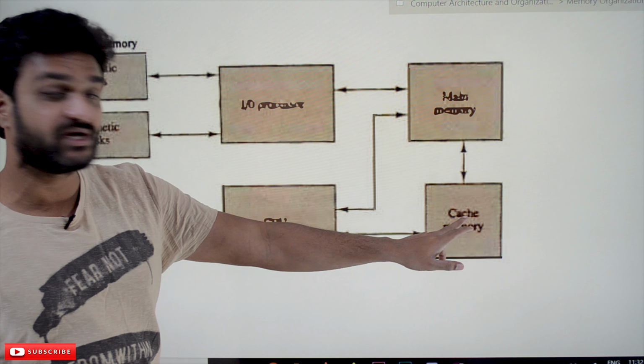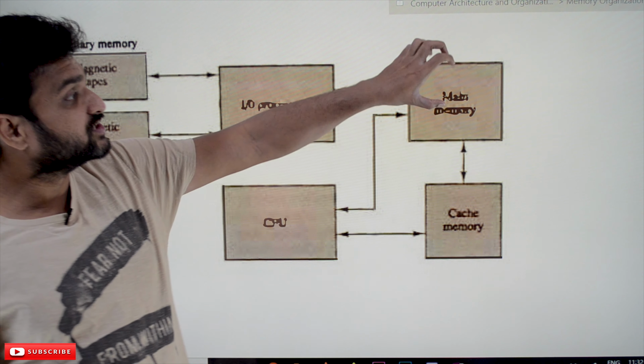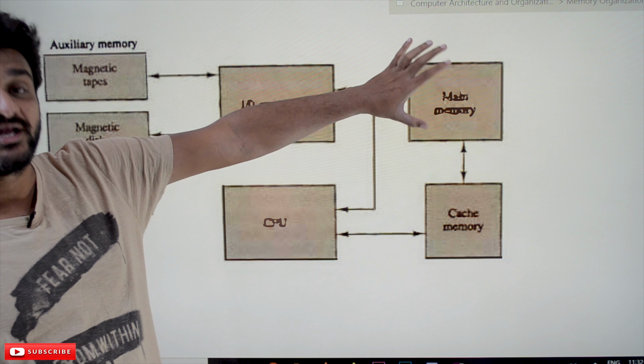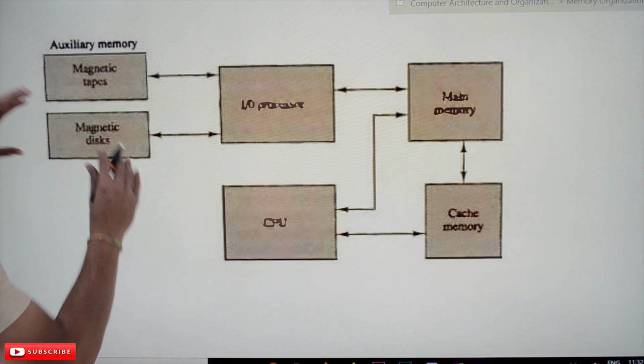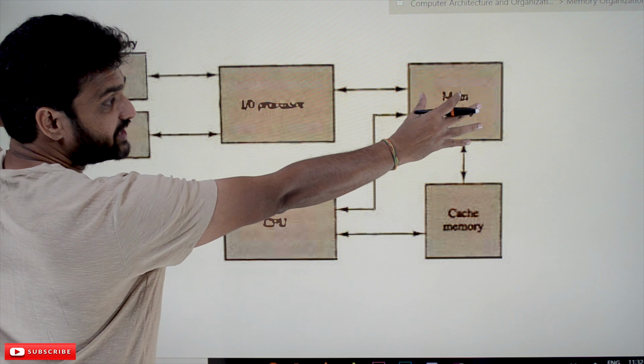The part of the program which is heavily used regularly will get stored onto the cache memory, and part of the complete program will get transferred onto the main memory.